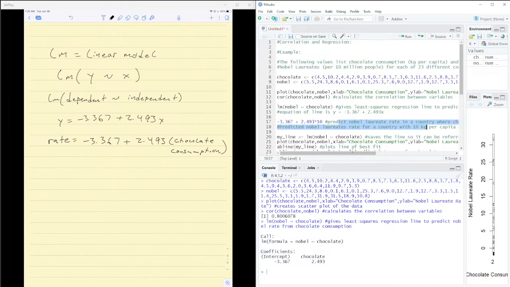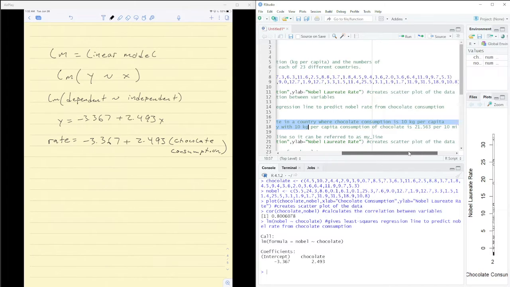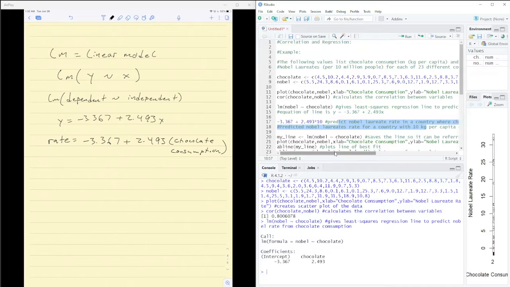So if we wanted to predict the Nobel laureate rate in a country where chocolate consumption is 10 kilograms per capita, then all we have to do is plug in 10 for this value. So the Nobel laureate rate would be negative 3.367 plus 2.493 times 10.